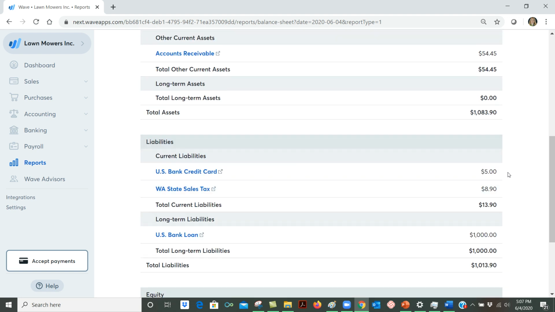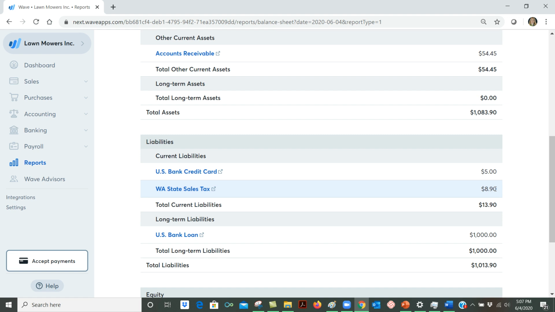My liabilities include the $5 that I charged to my credit card, and you'll see I have $8.90 in Washington State sales tax liability. Regarding sales taxes, the minute you collect sales tax from a customer, you have a liability to turn that amount over to the taxing authority.